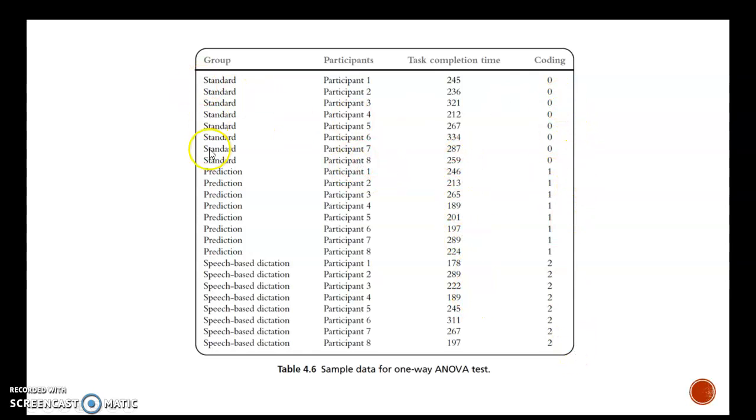So when we code all those 3 conditions, we use 0, 1, 2.